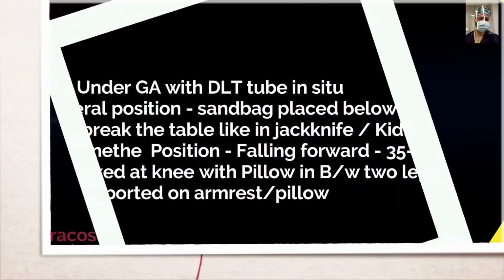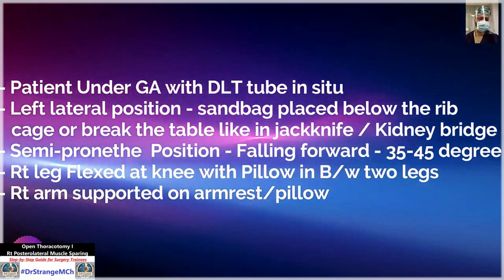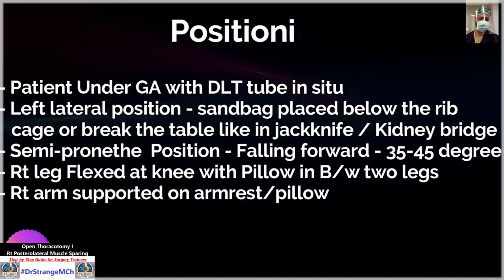So the patient is under general anesthesia with double lung ventilation, DLT tube in situ, and that will help us to enter the chest safely and work more efficiently as the ipsilateral lung is collapsed. Patient is in left lateral position.